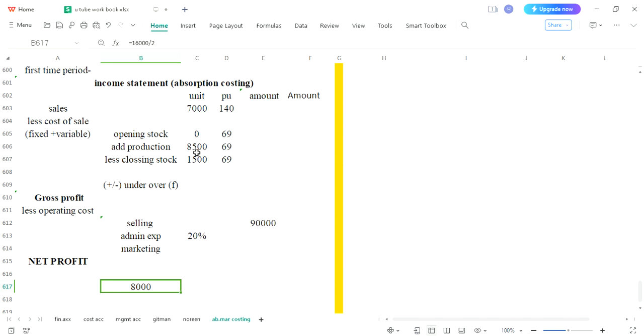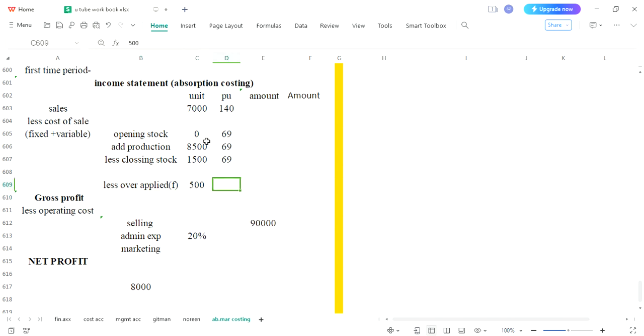It means we over-produced 500 units. Understood? 8000 is your standard for 6 months. We have produced 8500. Overproduction is 500 units. So we can mention over here over-applied or overproduction, but it is directly associated with fixed cost only.